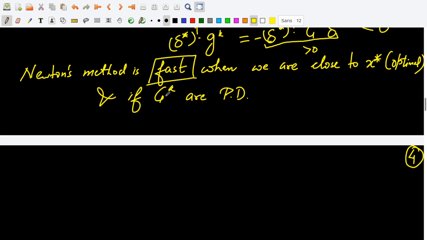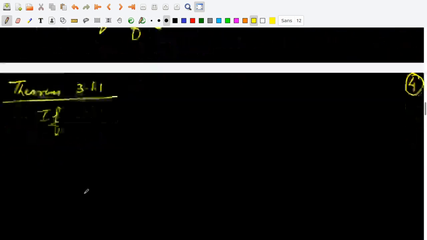So this is theorem 3.1.1. It says that if a bunch of things happen, then we get something. What are these things that must happen for this theorem to hold?